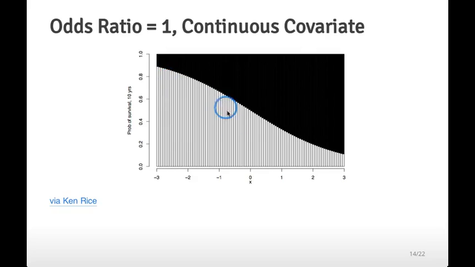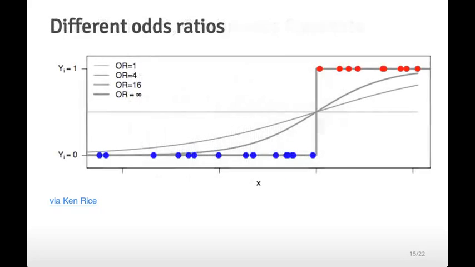This plot is designed such that between every 1 unit difference in x, the odds ratio is 1. So between x equals 0 and x equals 1, the odds ratio has changed by 1 unit. You can see that this is what the curve looks like for an odds ratio of 1. It's no longer a straight linear curve, right? It kind of has this curvilinear shape to it. The odds ratio is constant, but the probability itself is declining in a curvy manner.